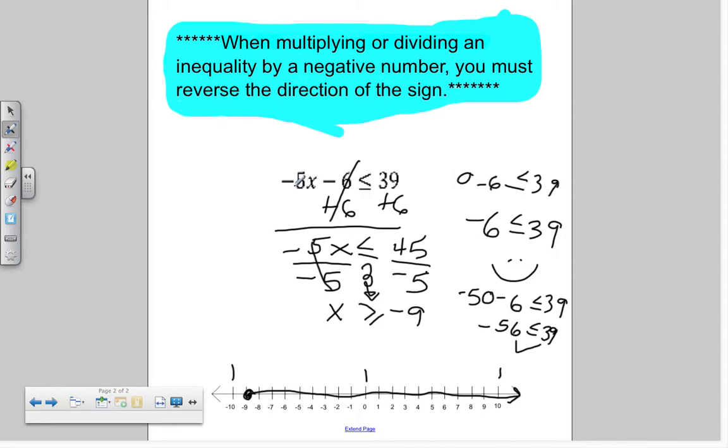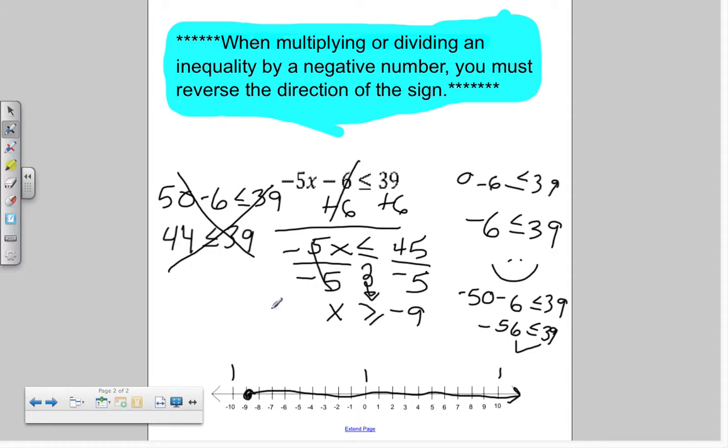Negative 5 times negative 10 gives me positive 50. Positive 50 minus 6, is that less than or equal to 39? Well, let's see. 50 minus 6 gives me 44. Is 44 less than or equal to 39? No. 44 is larger than 39. So that does not work. So that is why that part is not shaded.